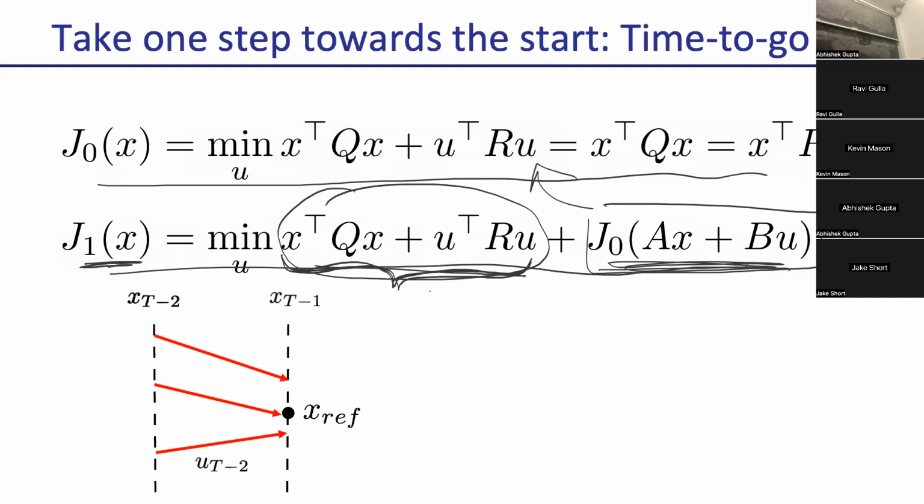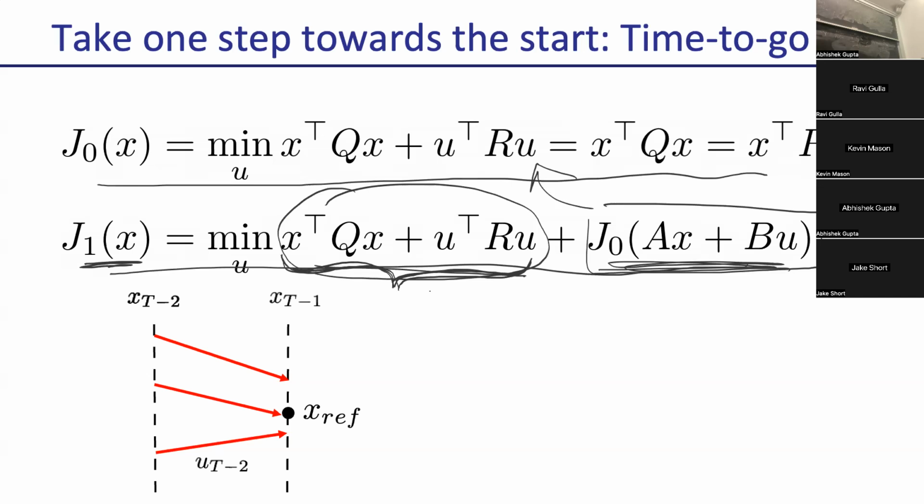It's saying that the cost to go with one time step to go is: you take an action, and your state transitions according to the dynamics. You have linear dynamics. You were previously at state X, you took action U, so your state transitions to AX plus BU. And then you act optimally at AX plus BU if you had 0 time steps. That basically becomes the J naught problem, but just at the state AX plus BU.